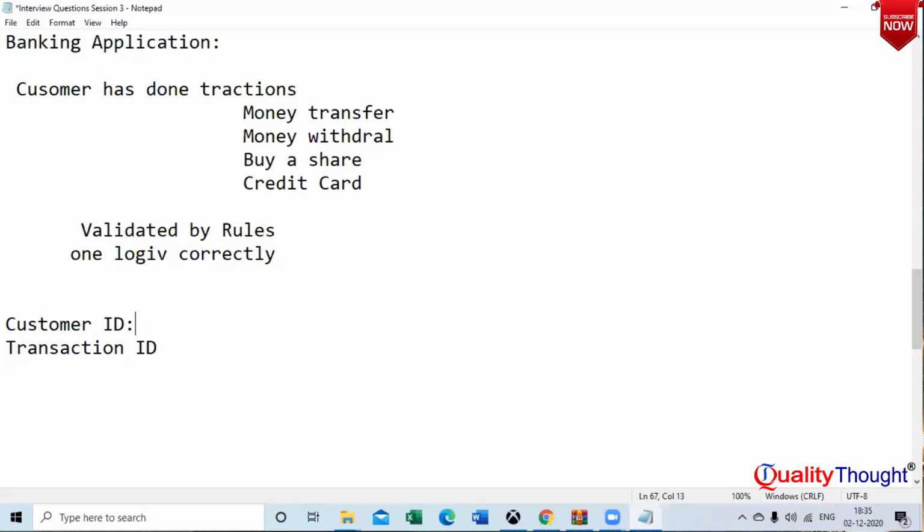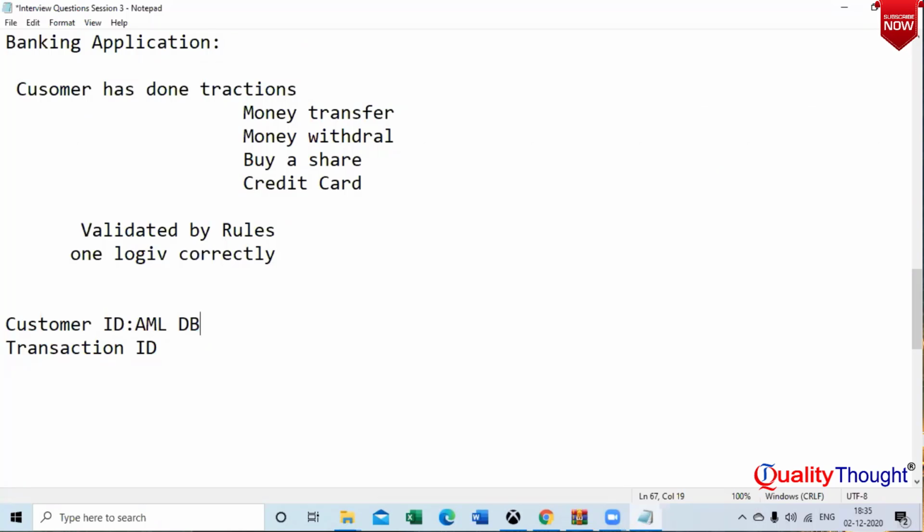We have to check whether the customer is in the AML, anti-money laundering, database. Is this customer a terrorist, a blocked customer, or an expired customer? We have to validate those things. One developer has not written this logic correctly. What happened?